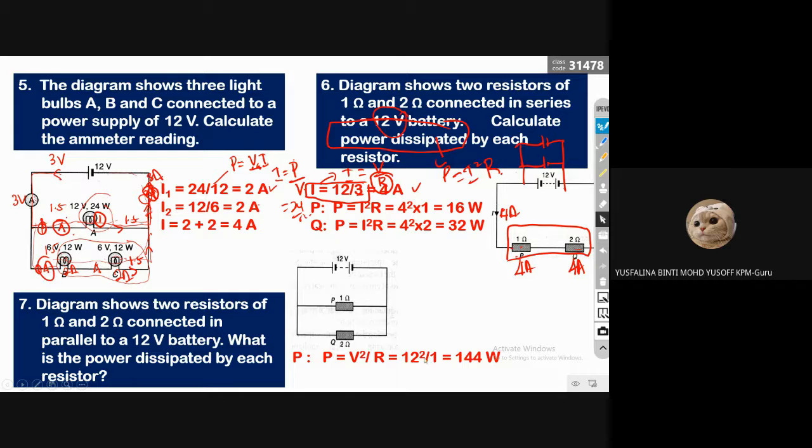So you will get 12 square divided by 1, and you got 144 watt. For this one, we combine it to become 1 resistance. If you want to find the current, you can use I is equals to V over R first to find the current that will flow throughout the circuit, okay?